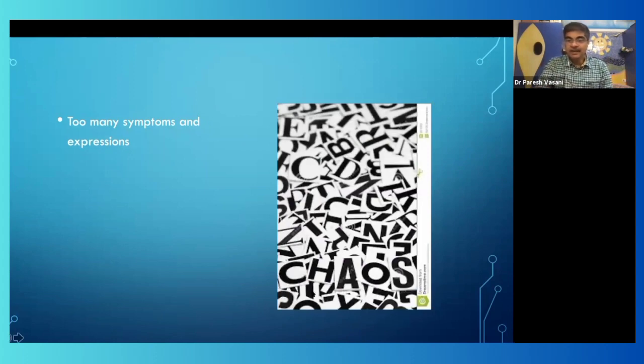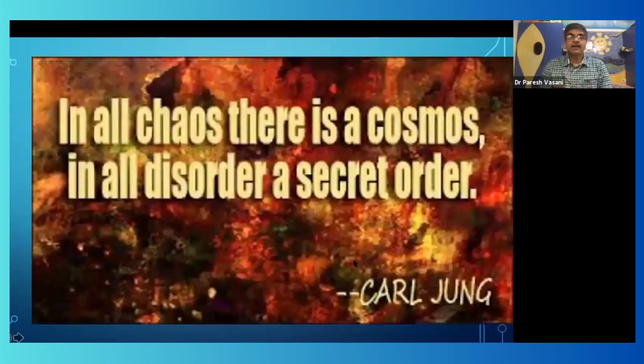But if you see, where there is chaos, there is cosmos. Carl Jung has spoken very well that in all chaos, there is cosmos, there is order, there is a secret order, there is a pattern. 25 years back, we could never think that each plant falls into an order, that a plant family has an understanding, plant order has a family, plant kingdom has an understanding, and the same with animals.